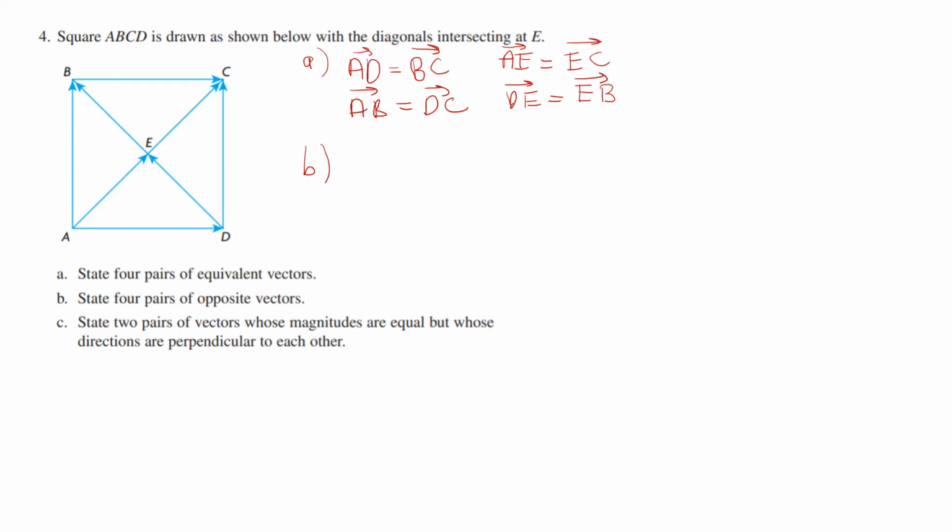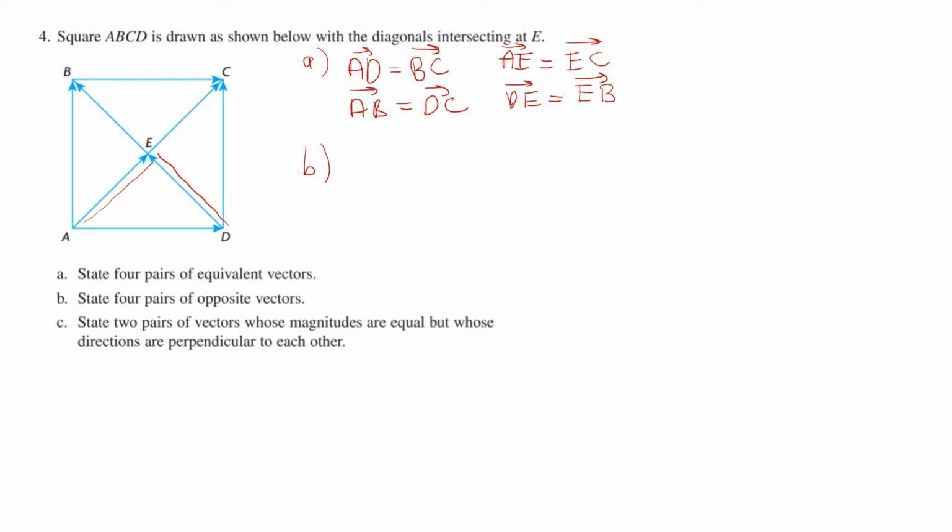For the second portion, it says state 4 pairs of opposite vectors. So when I look at here, I see that all of them in fact go in the same direction, right? And if I want the opposite vectors, that means I also need to have the same magnitude. I cannot just take AE and DE because they wouldn't be really opposite to each other.